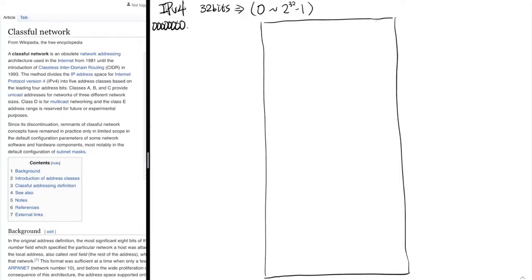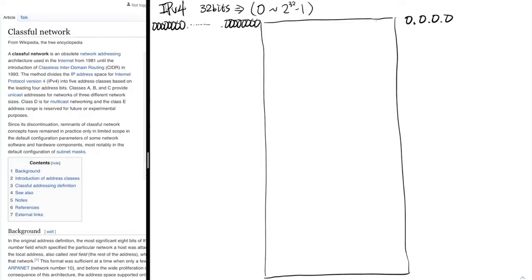We have 32 bits of zeros, and it is very difficult for human beings to remember such an IP address. So we have another representation: 0.0.0.0. That is the very first IP address in the IP spectrum.